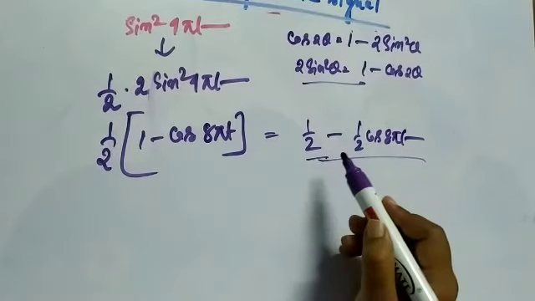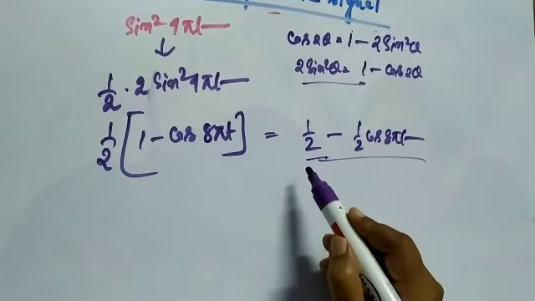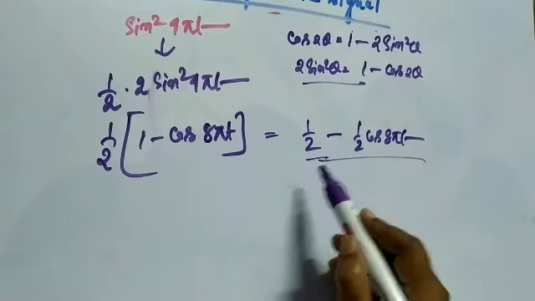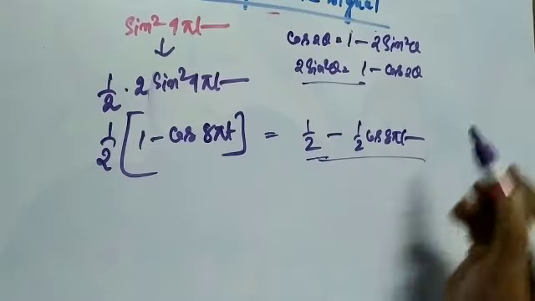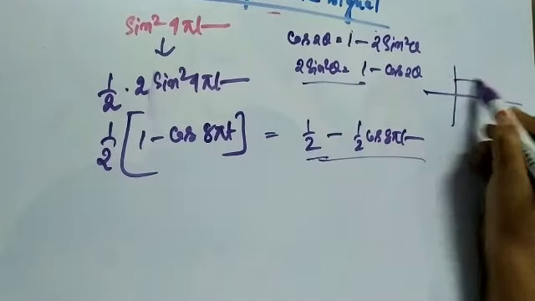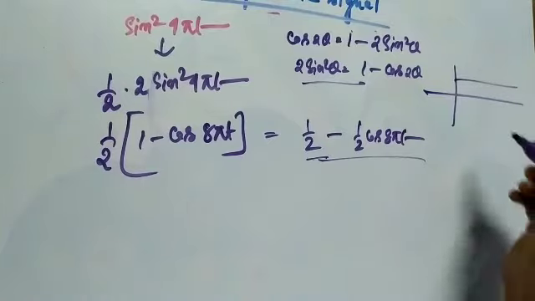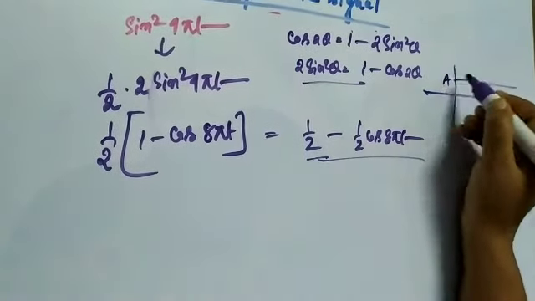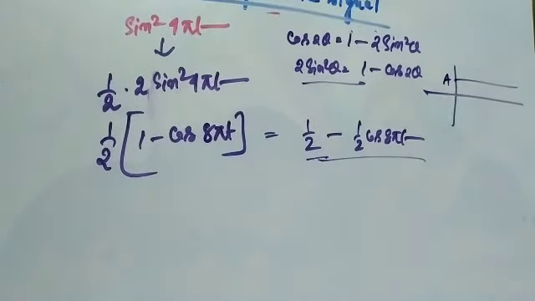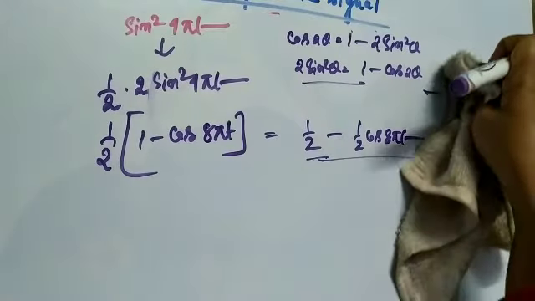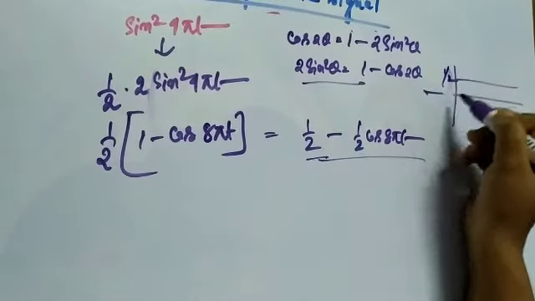Half is a DC value, and you should know that the DC value is also periodic in nature. Why? A DC value is a constant value. Suppose a, in this case a is half.